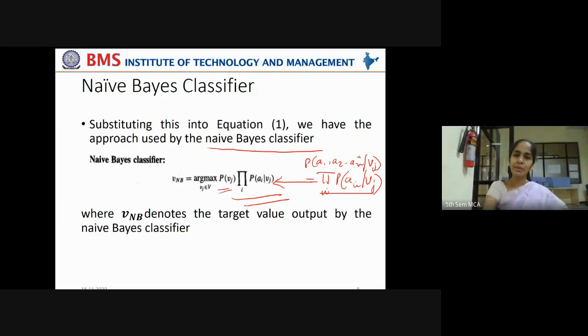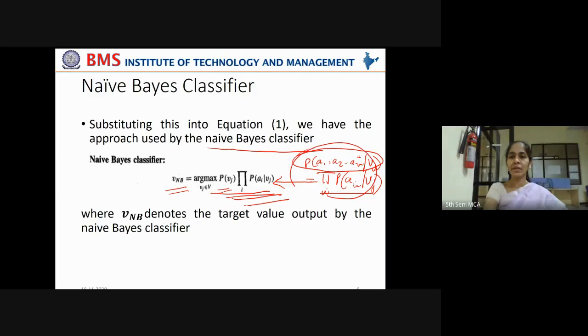This is substituted in the place of this one. So you get this naive-Bayes classifier, as you're maximizing the probability of occurrence of an outcome label given the occurrence of the attribute values. That you are maximizing, and you have substituted this formula.